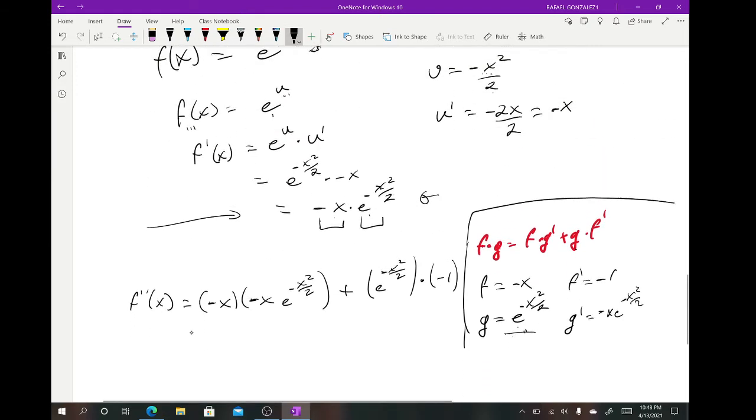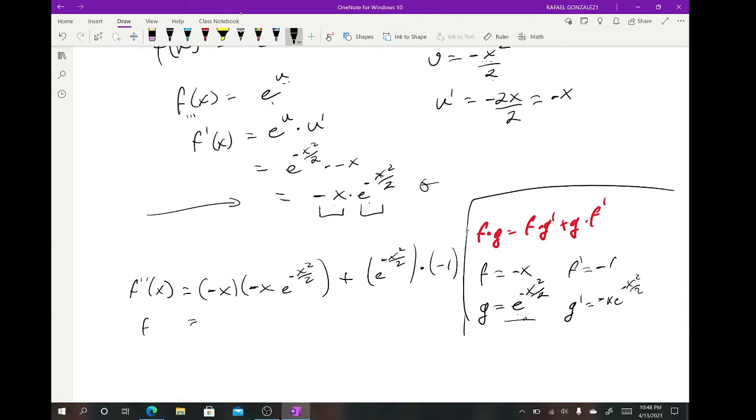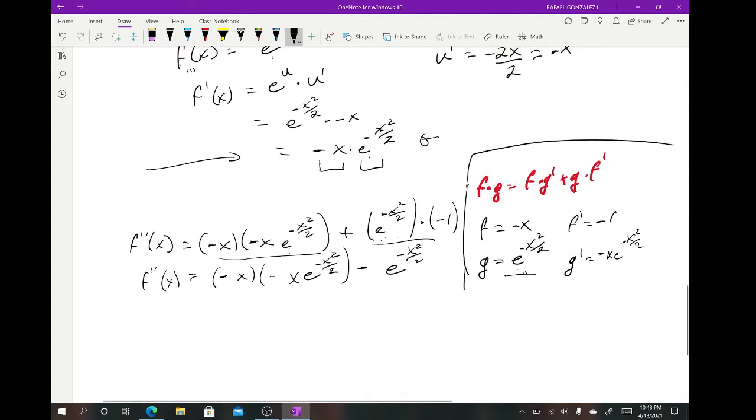And now what we can do is see what we can factor. We can actually factor e to the minus x squared over 2 from both of them, because notice that it appears here and it appears here. So first, this is minus x times minus x e to the minus x squared over 2 minus e to the minus x squared over 2. I just multiplied the minus 1.